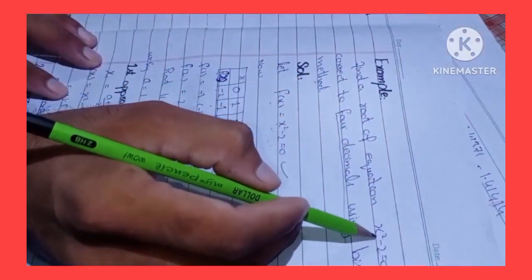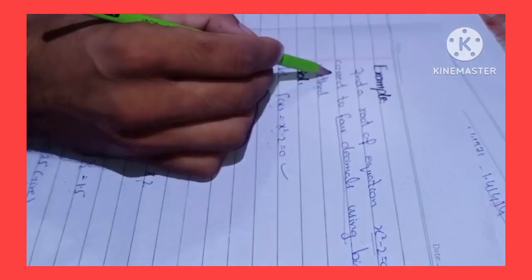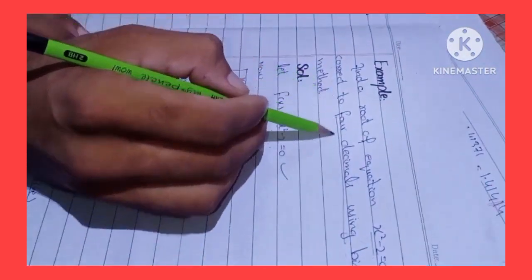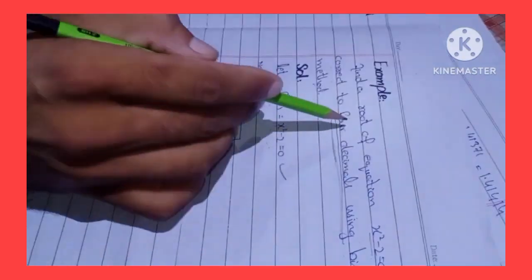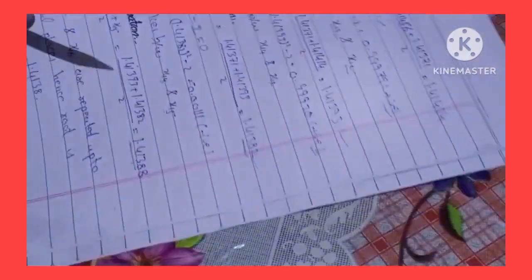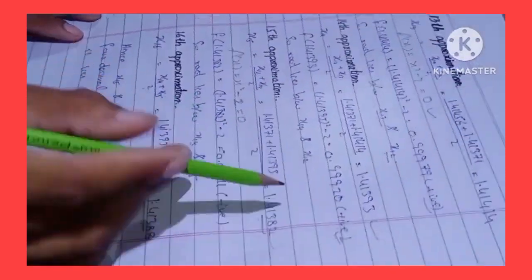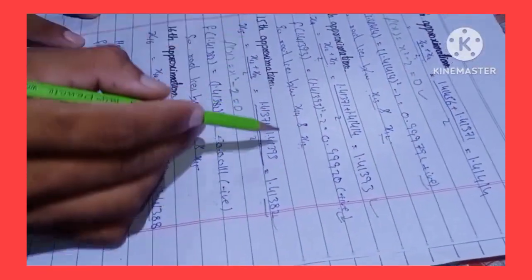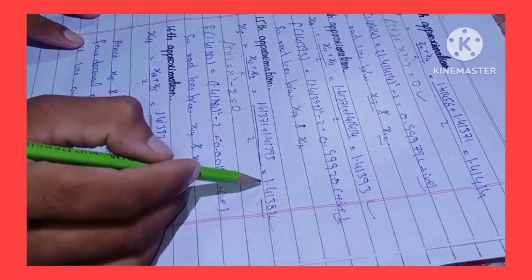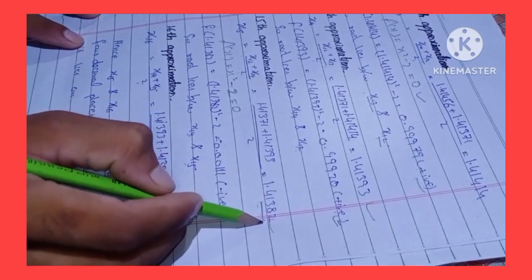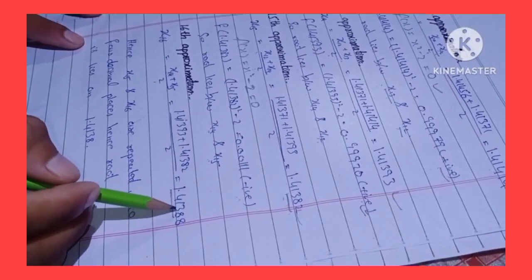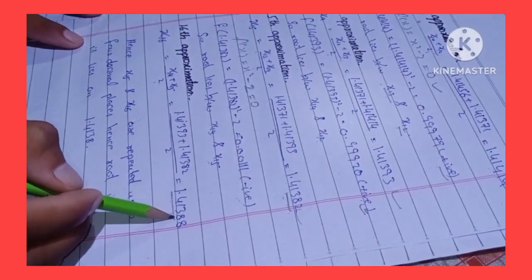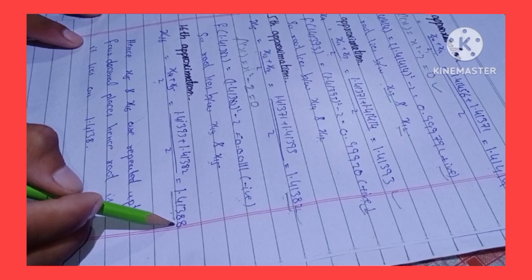First we were asked to find a root of the equation x² − 2 = 0 correct to 4 decimal places. The x15 approximation answer is 1.41382 and the x16 approximation answer is 1.41388.